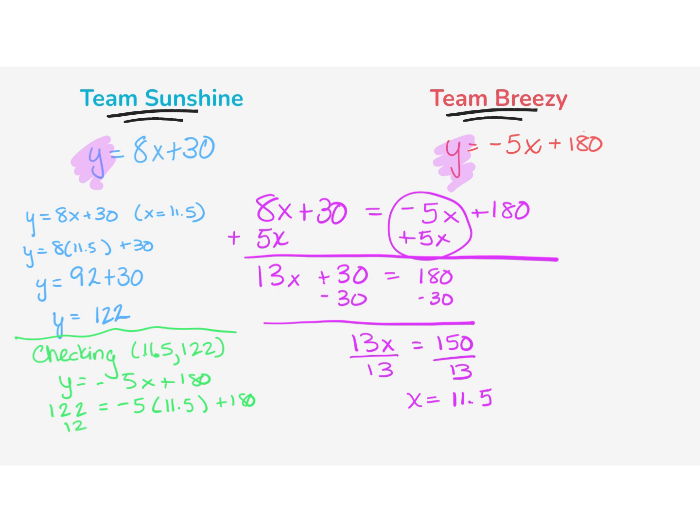We get 122 is equal to negative 57.5 plus 180. And we get 122 is approximately equal to 122.5, which is fine. So we will never give you a problem that is like this, but the point was to be able to solve an equation that you have written yourself and check the solution.